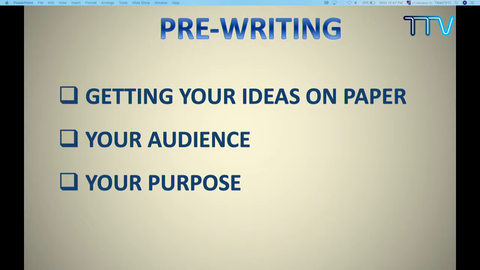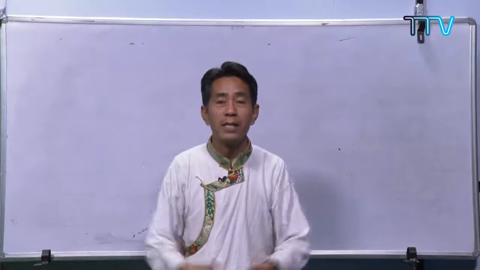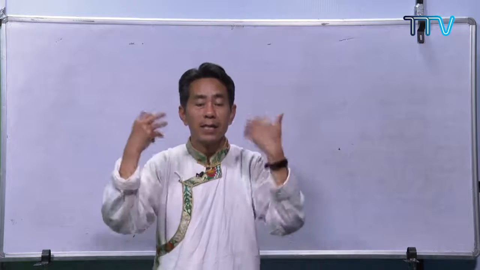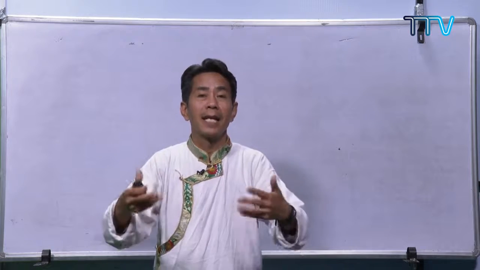Once you have that idea, then your writing will depend on it. And in the morning session, I remember giving an example, all the fiction books. These writers, they have their own audience.